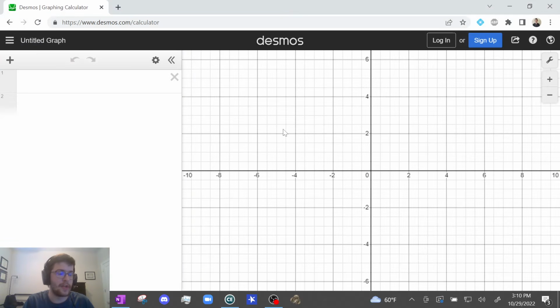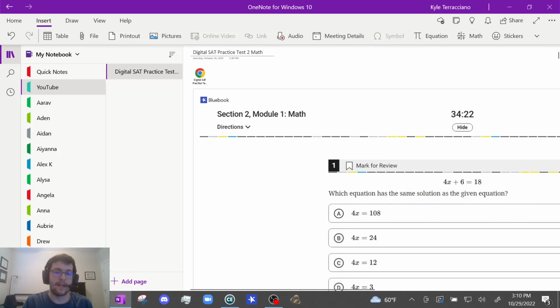Desmos is going to be built into the Blue Book app, and it is a really, really powerful tool for lots of questions, in particular systems of equations, and you'll see as we go through it. So I'm going to try to give you as many ways as possible to solve each question, and I'm always going to try to highlight what the fastest way is, and I am definitely going to take my time and go slow so that you understand every single question. So I hope this video helps you.